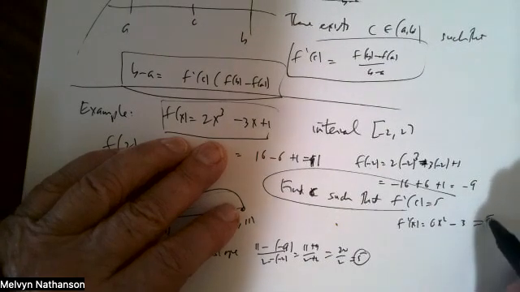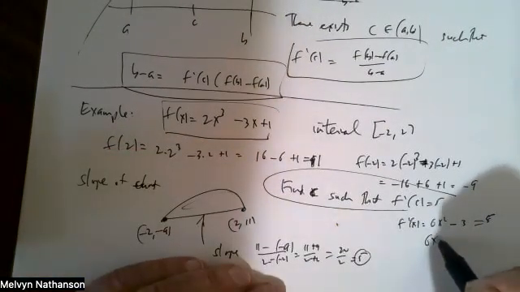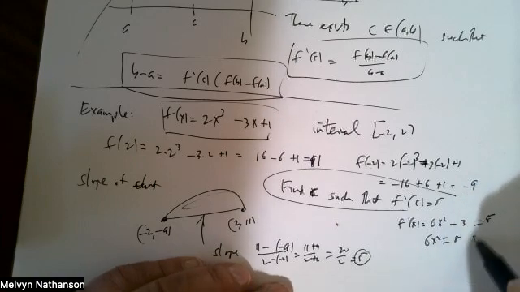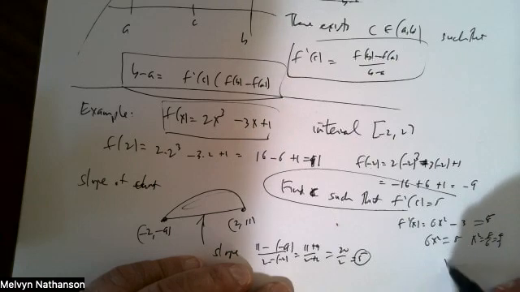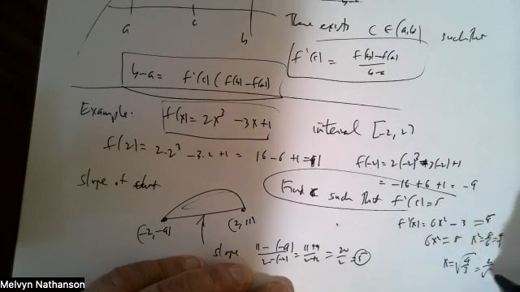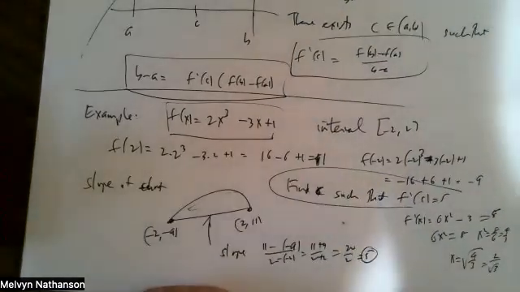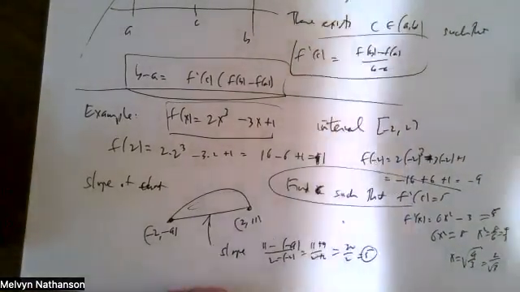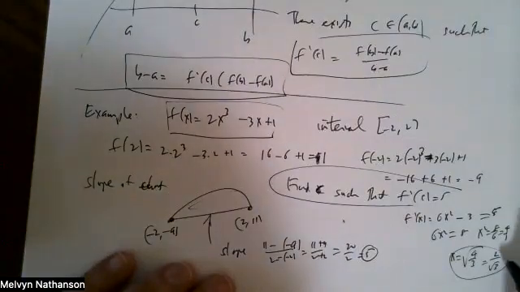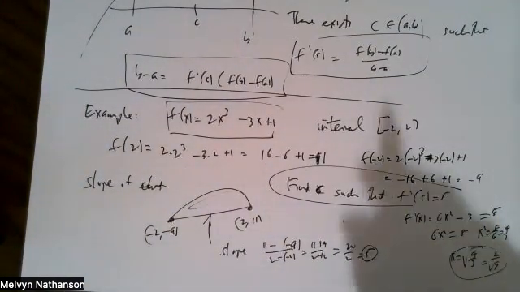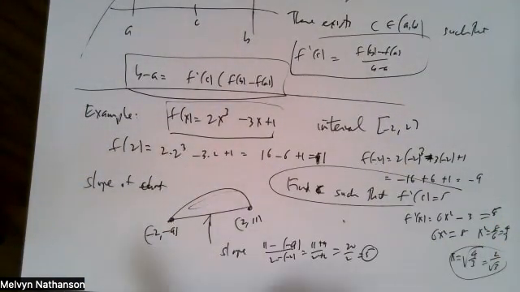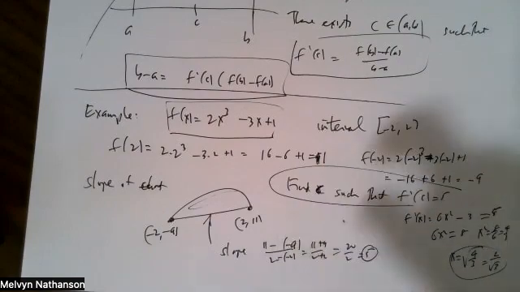And we want that to equal 5, which means 6x squared equals 8. X squared equals 8 over 6, or 4/3. So x is the square root of 4/3, which is 2 over root 3. So here we have a point where the derivative is equal to 5. That's the mean value theorem.